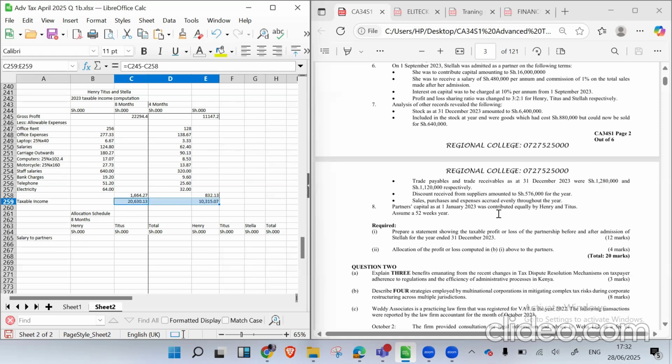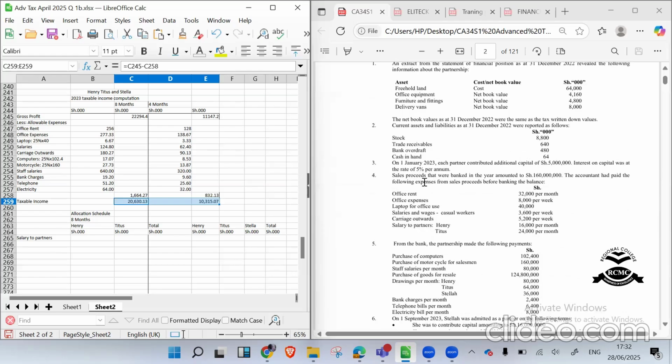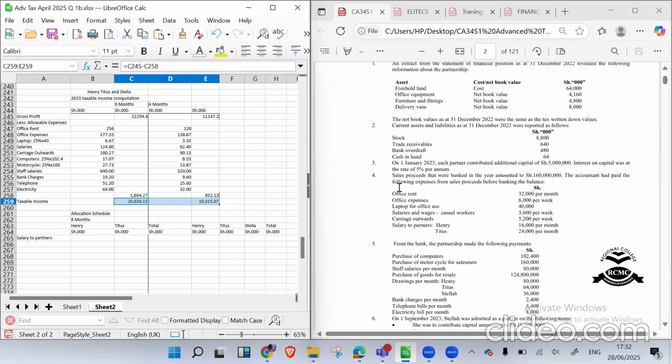So salary to partners was somewhere. Or note number 4. Note number 4. Sales proceeds, blah, blah, blah. Salary to the last one. Henry, 16,000 per month. Great. So Henry's is 16 times 8 for the 8 months. So 16 by 8.